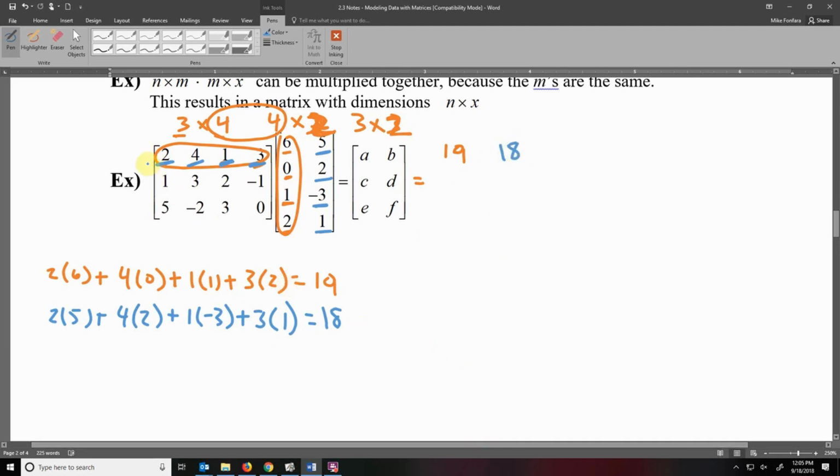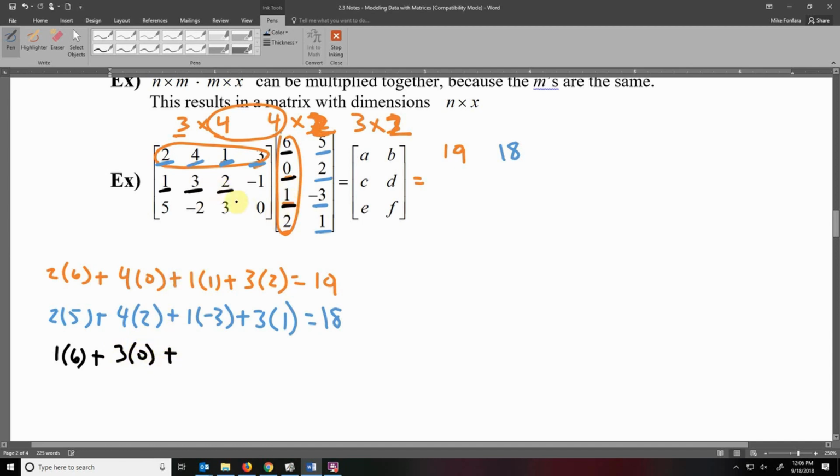So now I've multiplied the first row by the first column and the first row by the second column, and I'm all out of columns. So I'm going to move down to the third row. So the third row by the first column, 1 times 6. Over and down, 3 times 0.